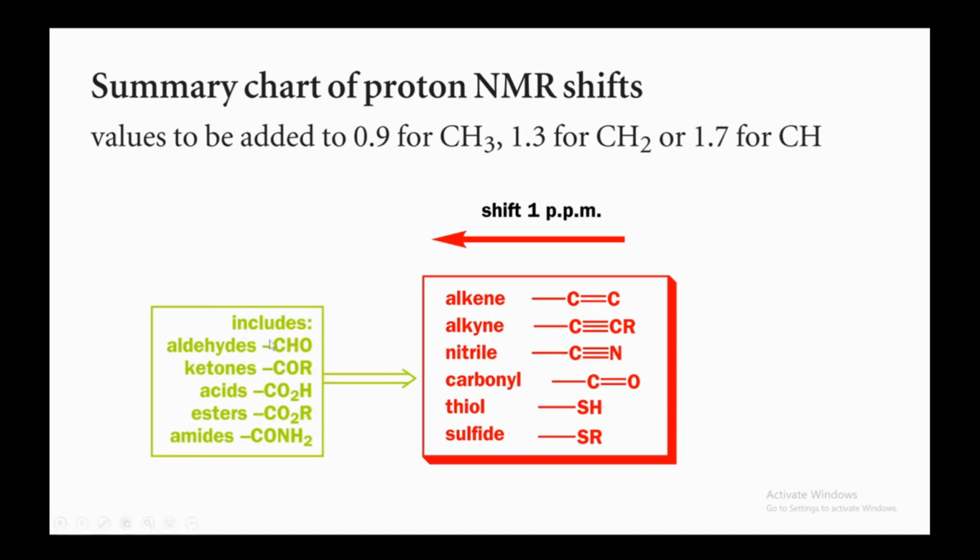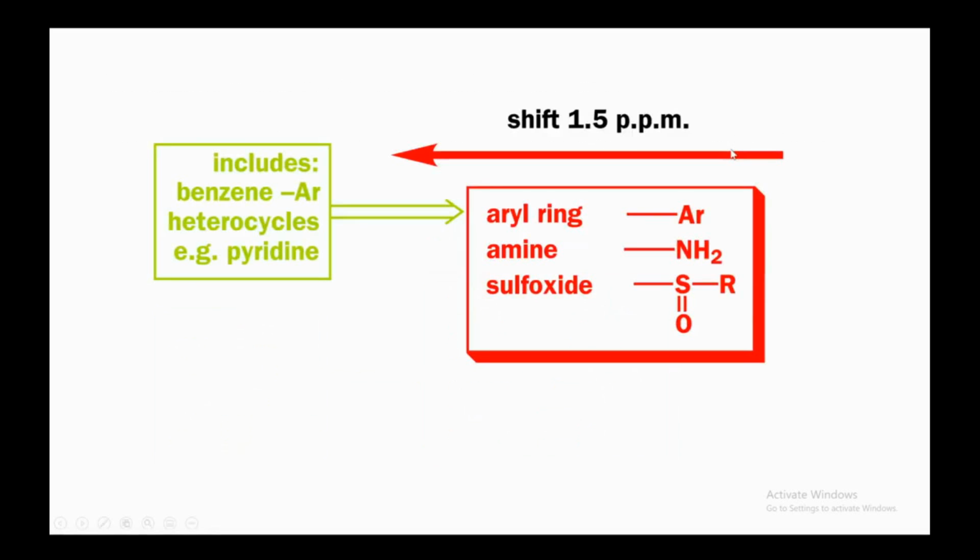So these are the alkenes which shift by 1 ppm, alkynes, nitrile, carbonyl, thiol, sulfide, which includes aldehydes, ketones, acids, esters, amides, to be added to 0.9 for methyl, 1.3 for CH2 or 1.7 for CH.